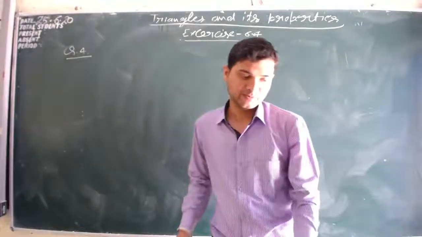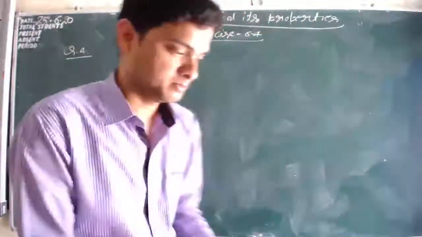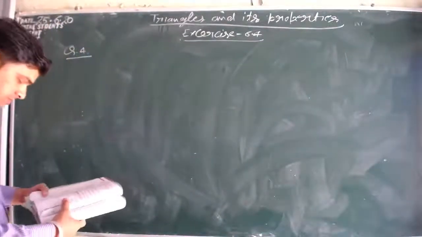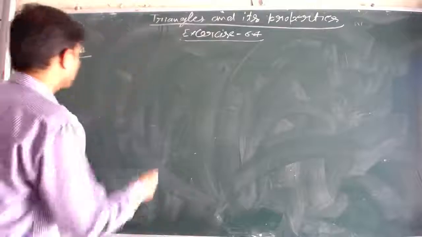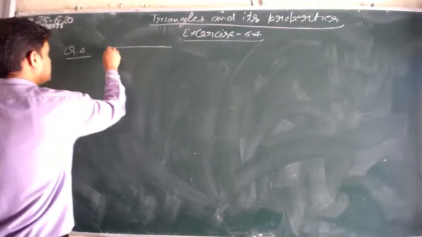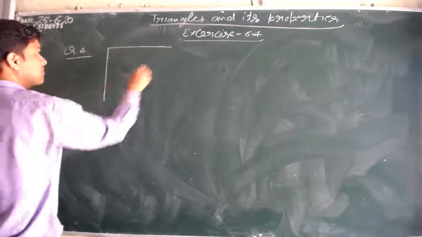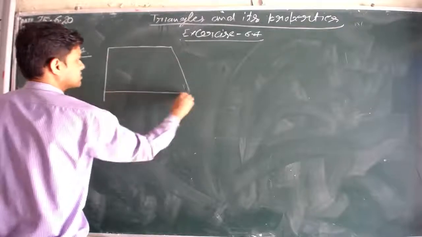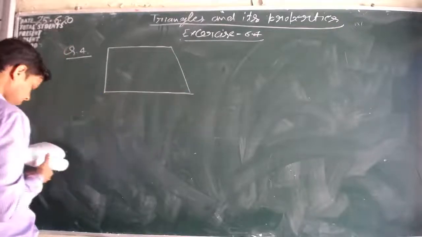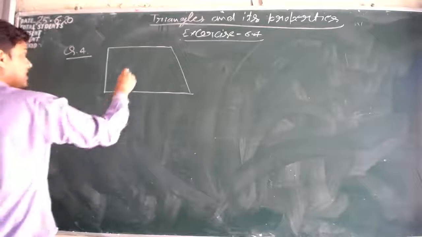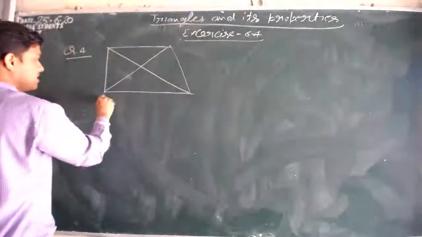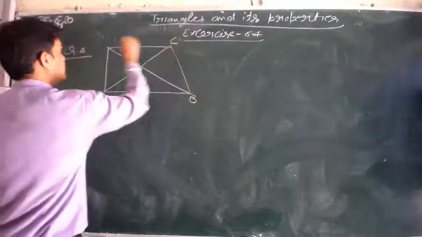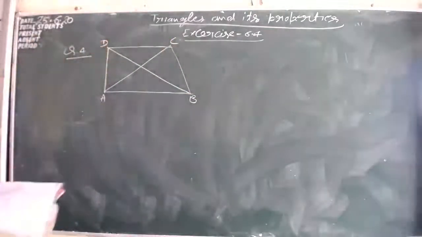Let me discuss question number 4 of exercise 6.4. ABCD is a quadrilateral like this, and these are the two diagonals of ABCD.